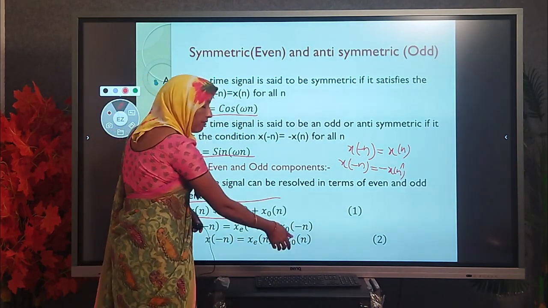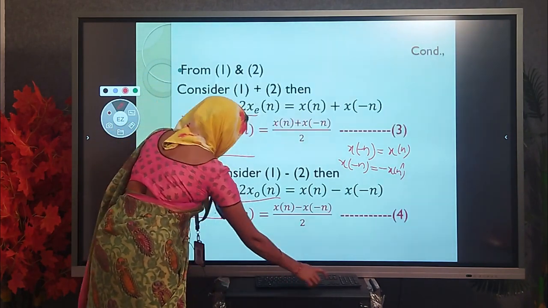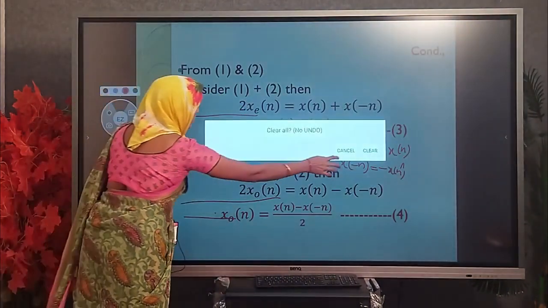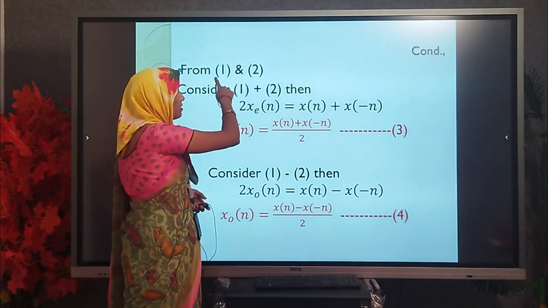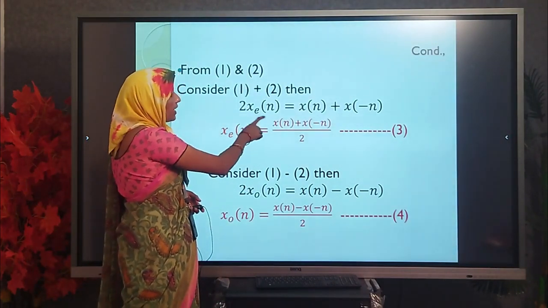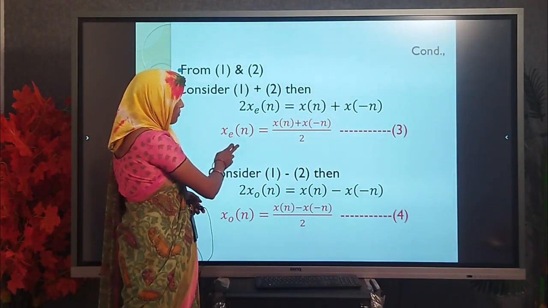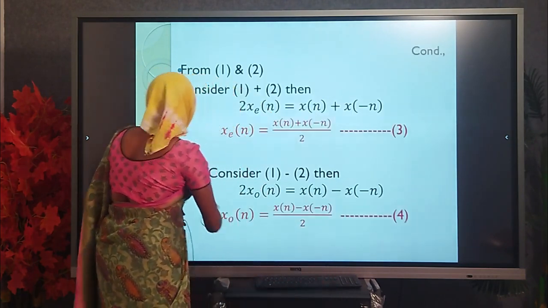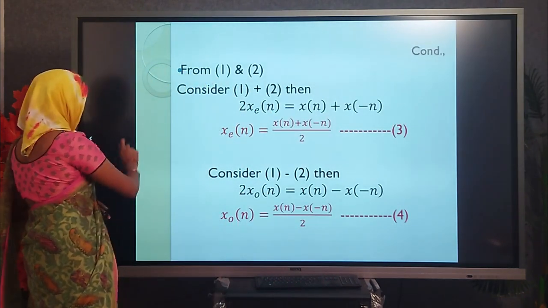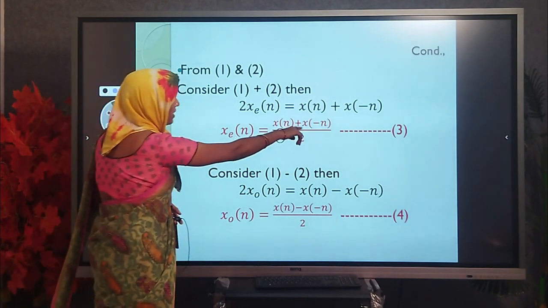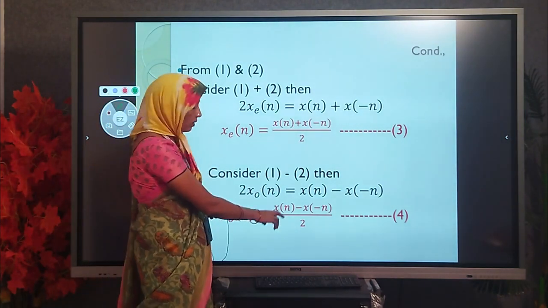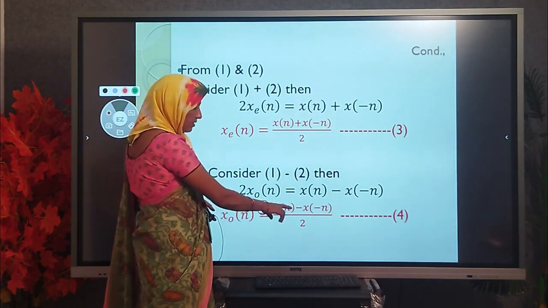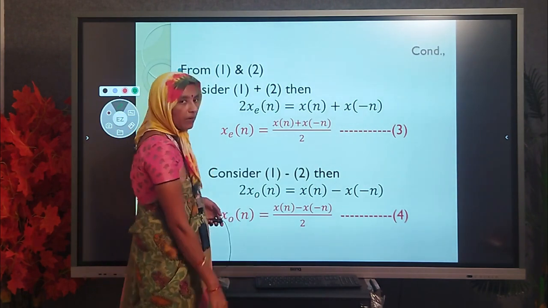Now, by solving equations 1 and 2, we will simply get the even component and odd component. First, add 1 and 2, then we will get xe of n equal to x of n plus x of minus n by 2. For the odd component, just subtract 2 from 1, then we will get xo of n equal to x of n minus x of minus n by 2.